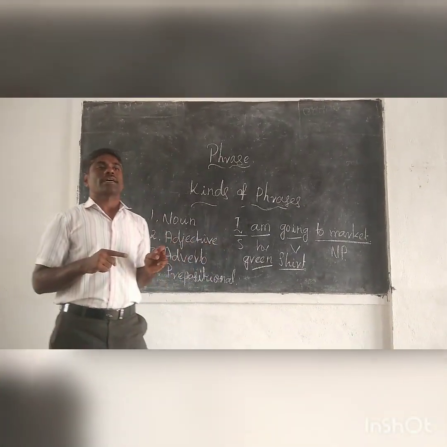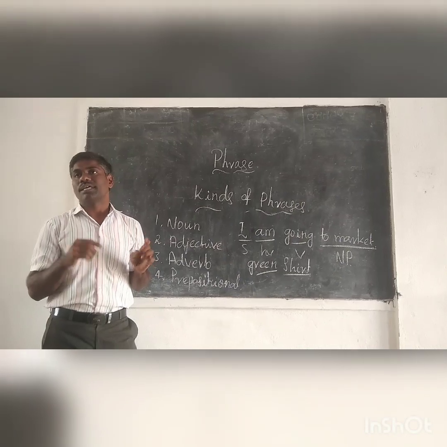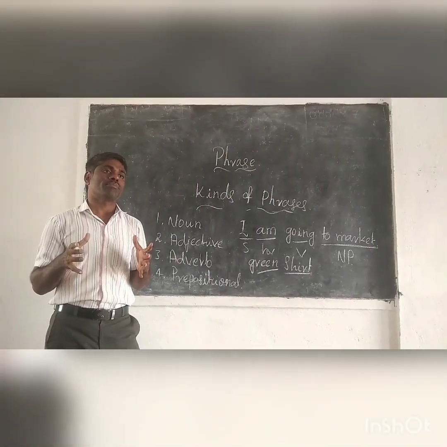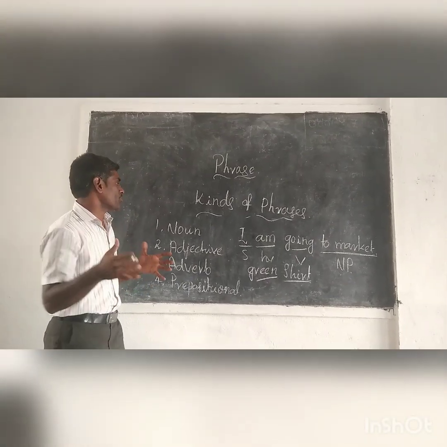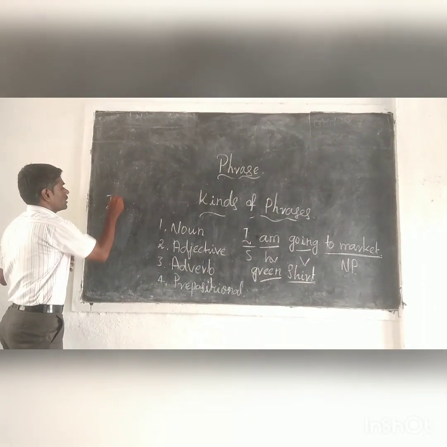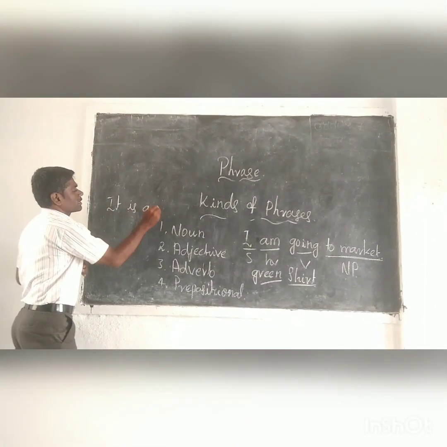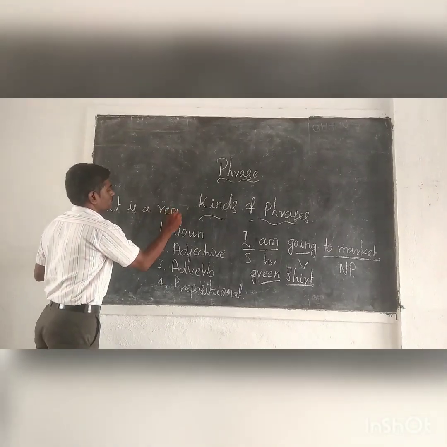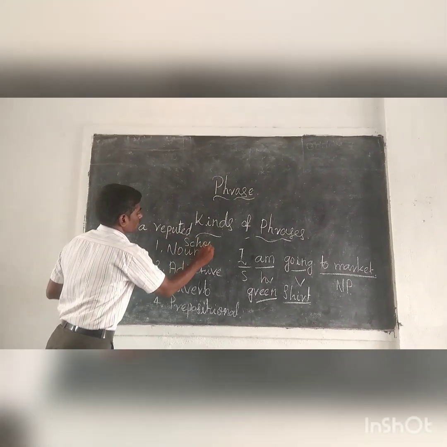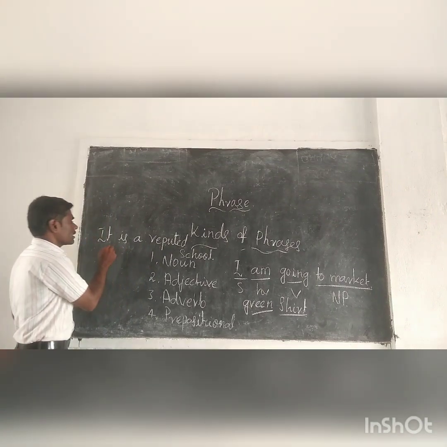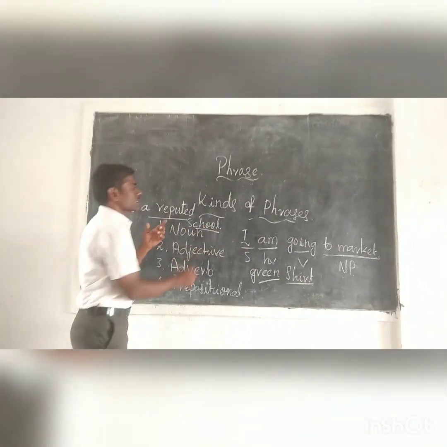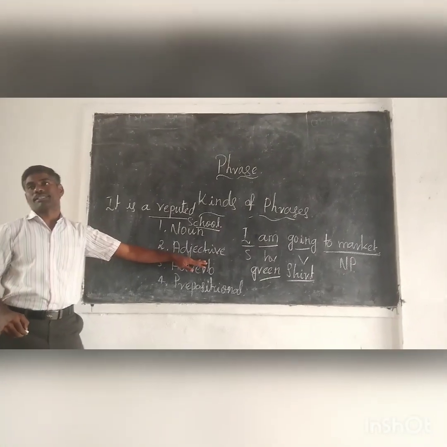Here you can write one more: "It is a good school," or "it is a reputed place." You can say "it is a reputed school." So "a reputed school" is called an adjective phrase.